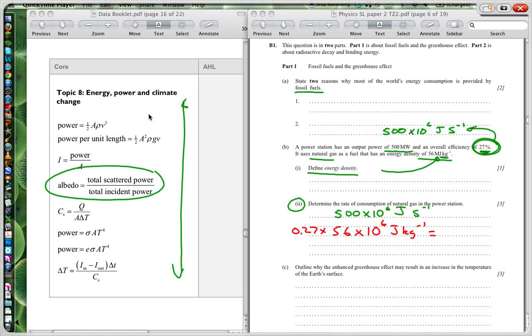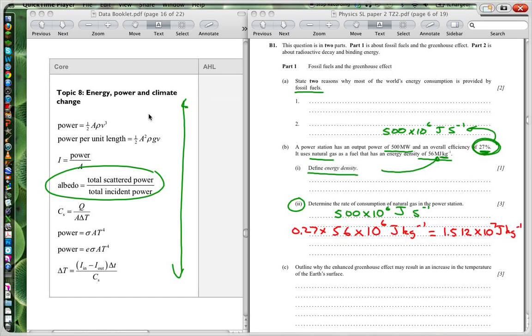That's 1.512. I'll keep it as times 10 to the 7 joules per kilogram.